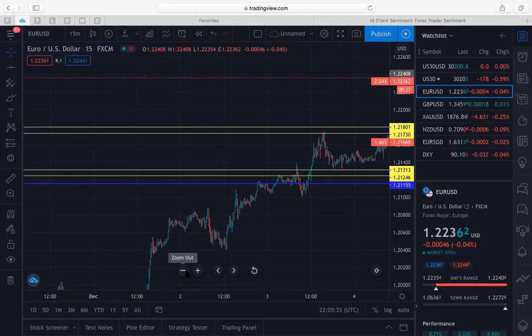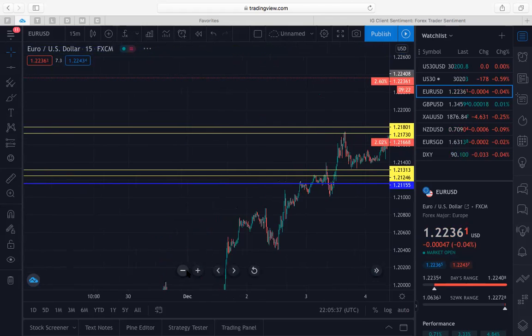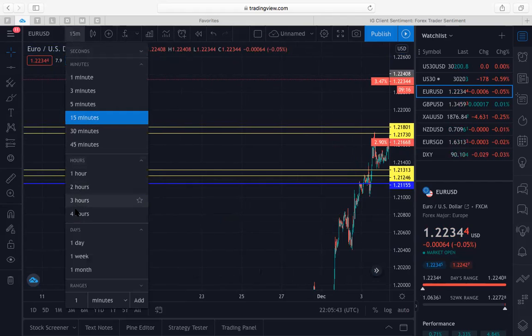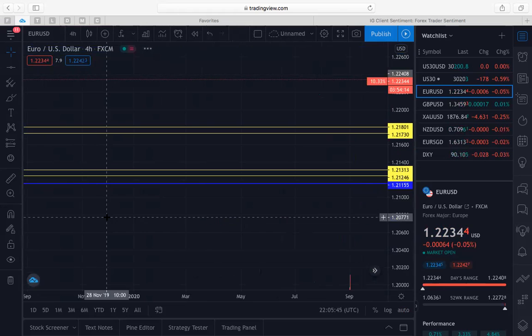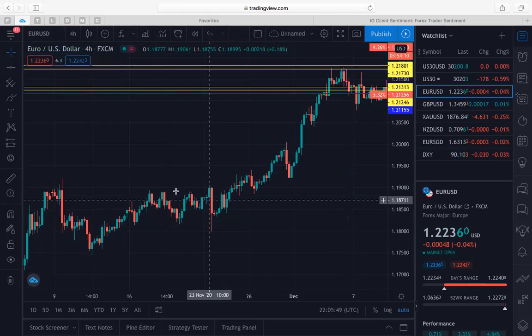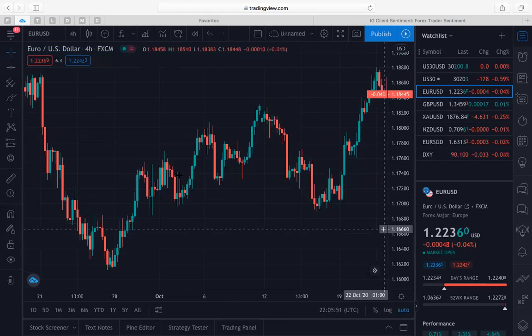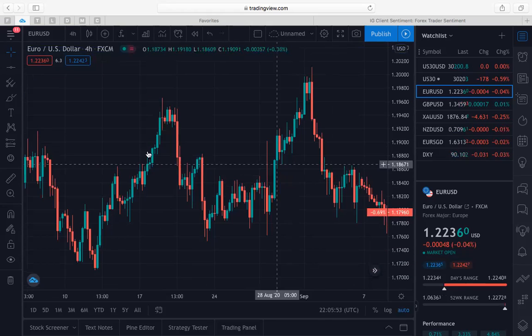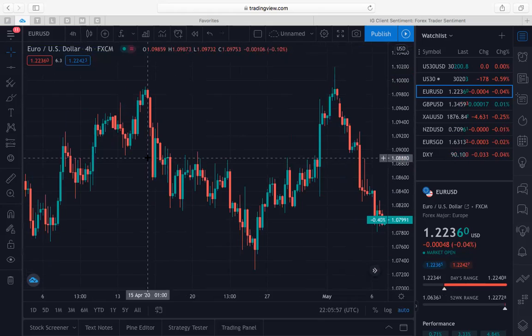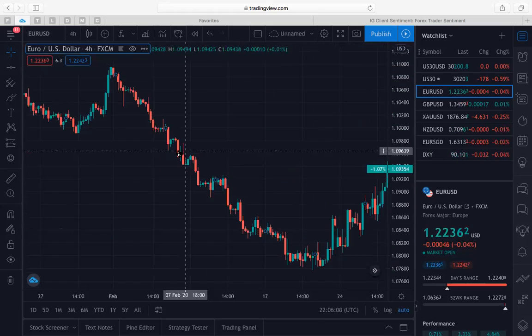I'm just showing you a sample of what I look for. So if I zoom out, you can see there's no more trade here. So I go to a higher time frame, and if I want to check for more zones, I have to come to, wow, really far.